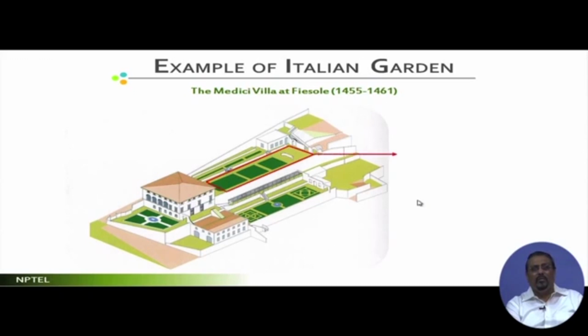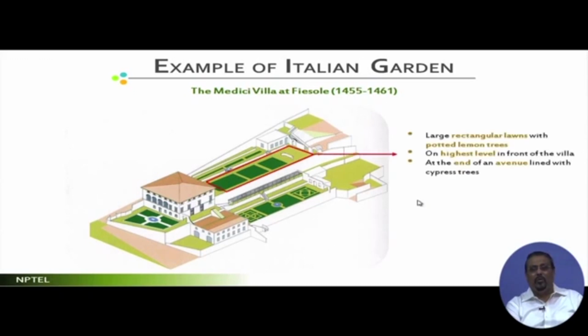Look at this, which we have tried to highlight. The lawns were large, rectangular, and they had the potted lemon trees. This was placed at the highest level, and then the next level, and then the next level, and there is another garden here.